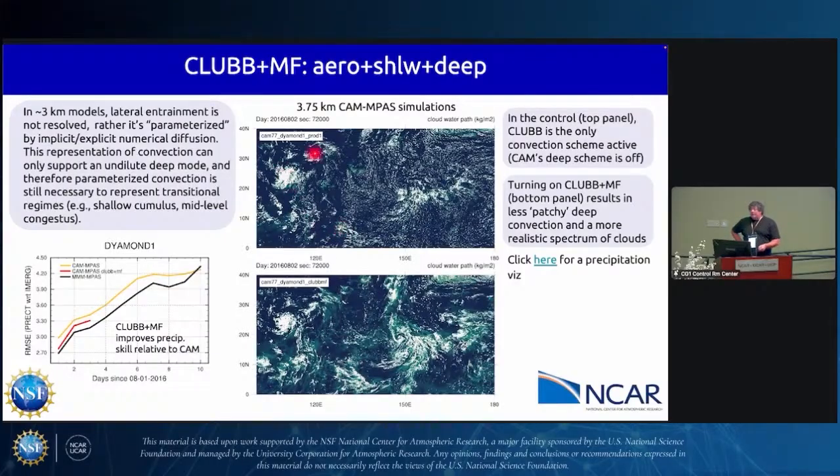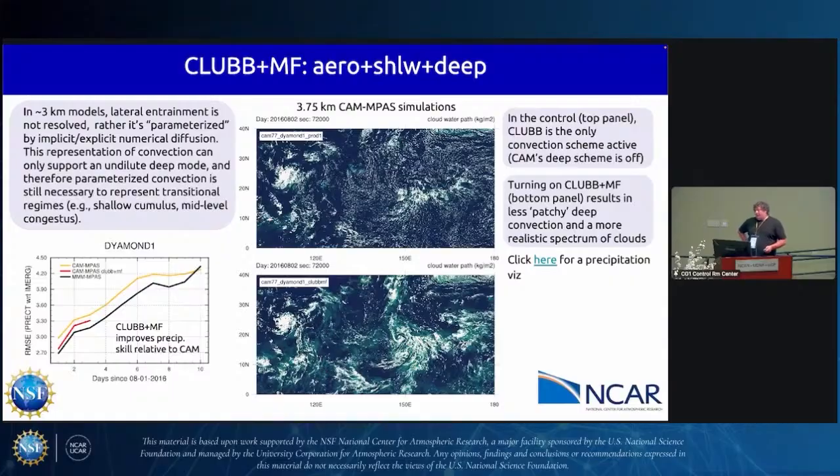The cloud field in the Western Pacific looked like this in that solution. Mind you, the only convection scheme active is CLUBB. We've turned off deep convection. And what you have is all these sort of sprinkles of deep convection occurring almost everywhere and very intermittent. It's just like a mosaic of deep convection occurring everywhere.